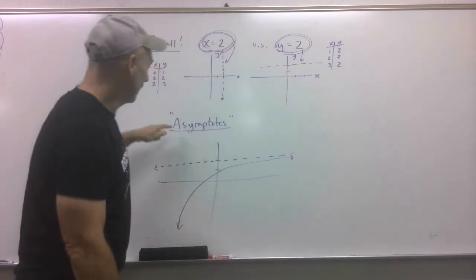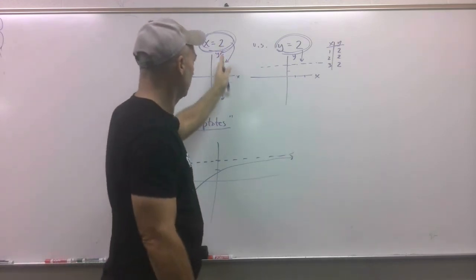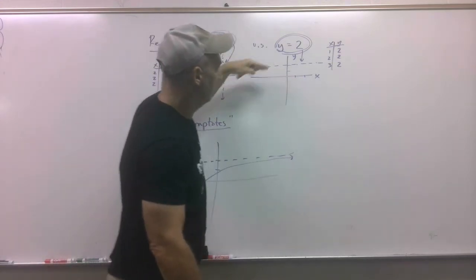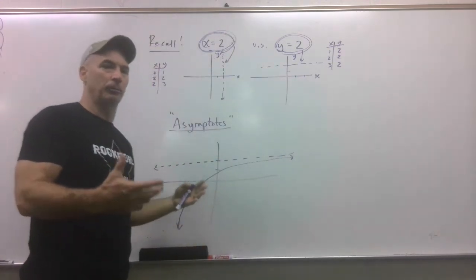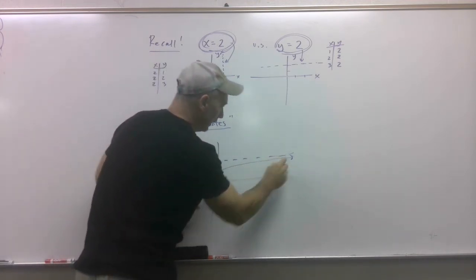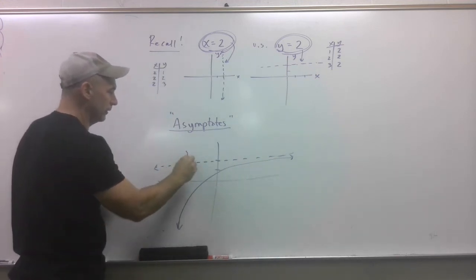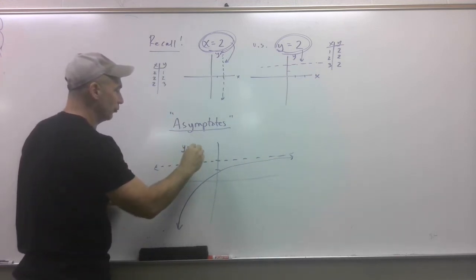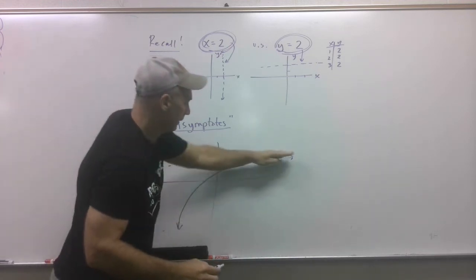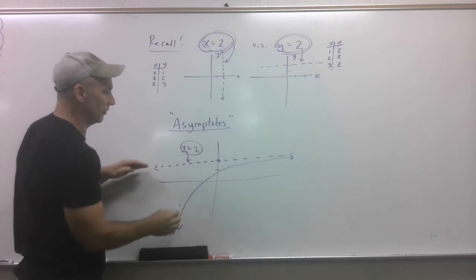An asymptote is a vertical line or a horizontal line that's got kind of, I call it a gravitational pull. You see this graph? It wants to go and touch this line here. Now remember, this is y equals 2 because it's a horizontal line and it crosses the y-axis right at 2. So that's the asymptote's name.